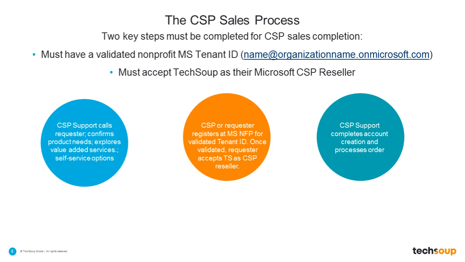Once that's determined, CSP or the requester will be registering at the Microsoft nonprofit portal for a valid tenant ID. Once this tenant ID has been validated, the requester should then accept TechSoup as a CSP reseller. Once that's done, CSP support completes the account creation, and then we process the order based on the licenses requested by the requester.